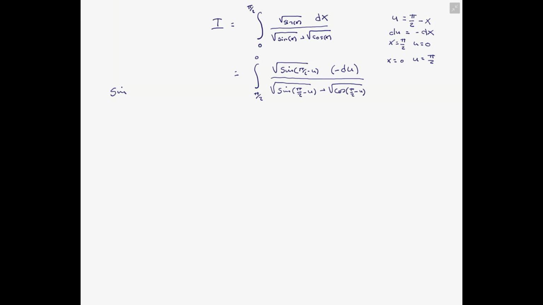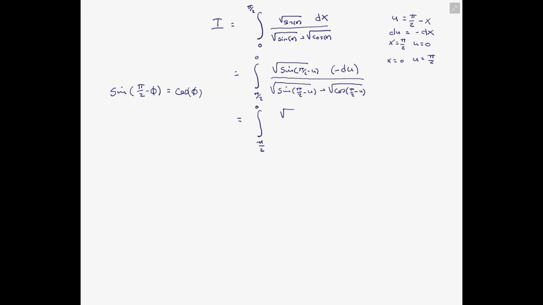Now, we know fully well from the trigonometric identities what we can do with this argument. But before that, we have to find what our differential is. So du is equal to minus dx, or dx is minus du.